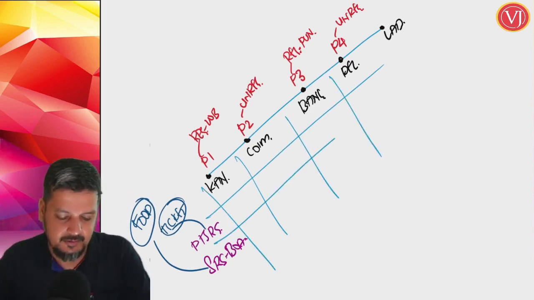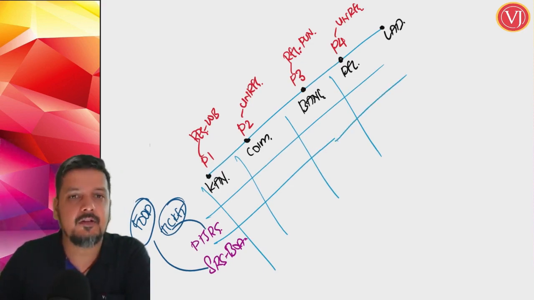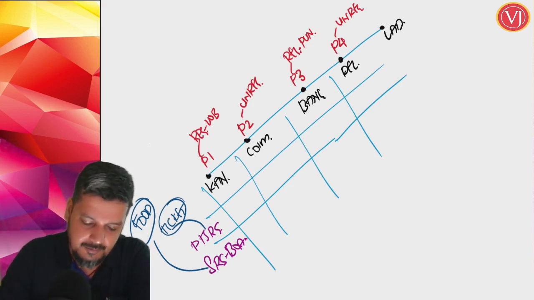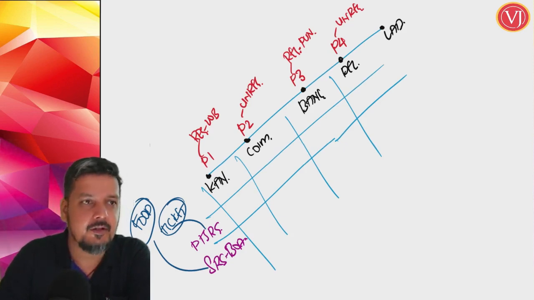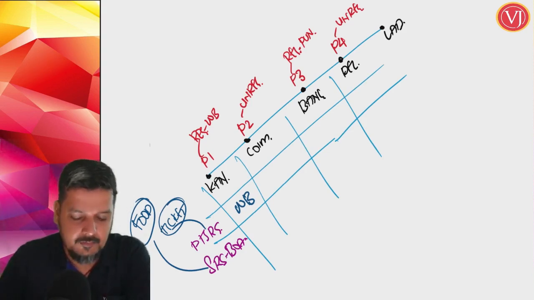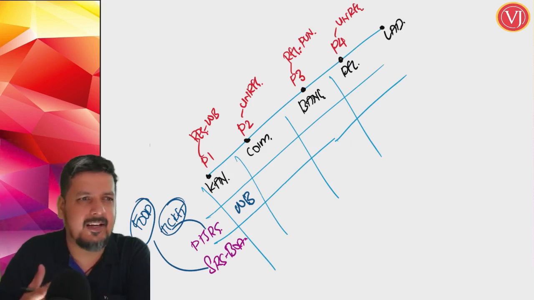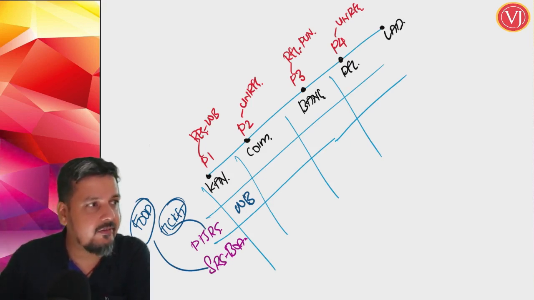For passenger 1, ticket. He is registered, unregistered. For a ticket, if it is registered, what is the place of supply? Location of registered recipient, that is West Bengal. If he is not registered, passenger 2, normal ticket case, not pass case, where he embarks the conveyance for continuous journey.